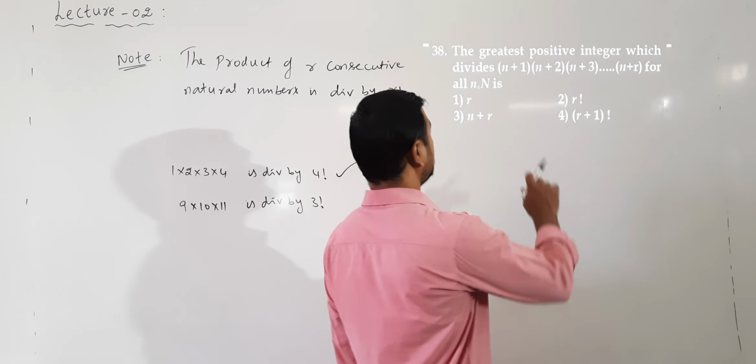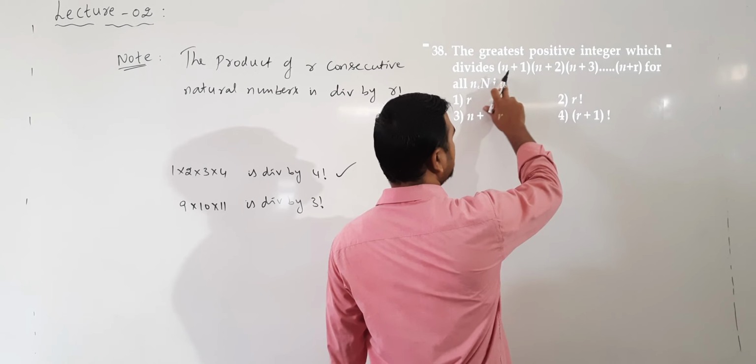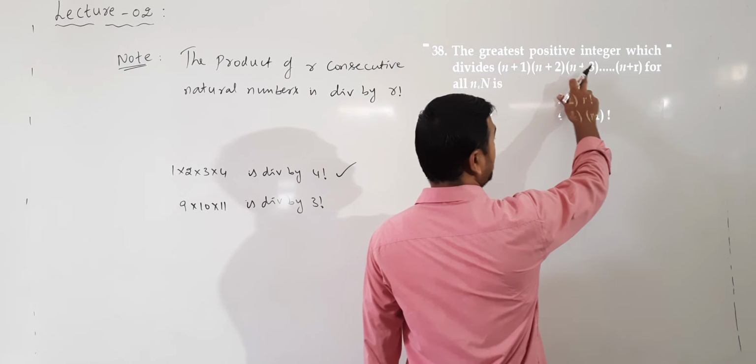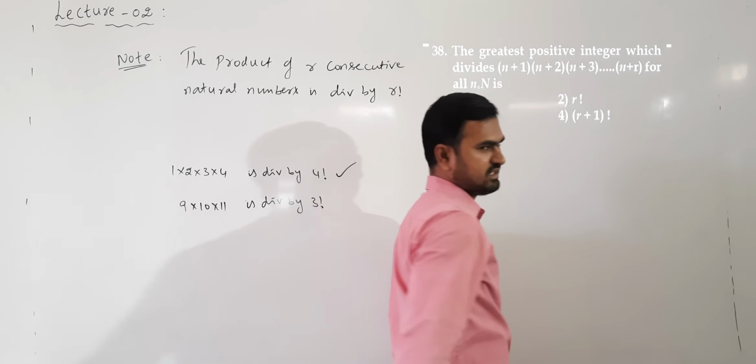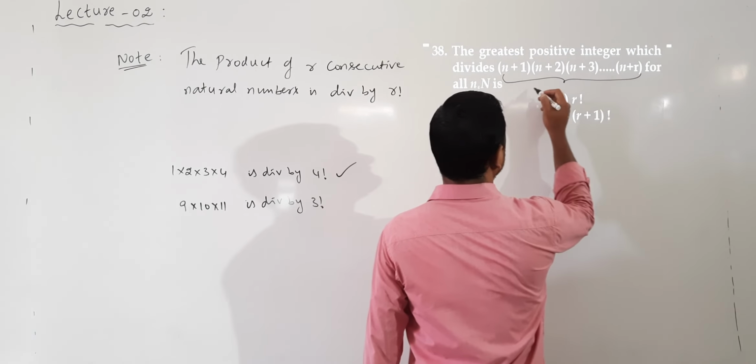Now if you observe these terms here, n plus 1, where n is a natural number, n plus 1, n plus 2, n plus 3 up to n plus r, it is nothing but the product of r consecutive terms.